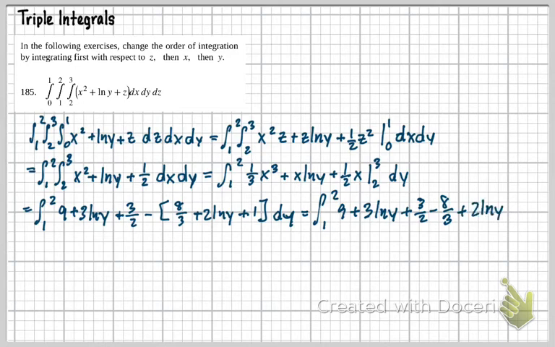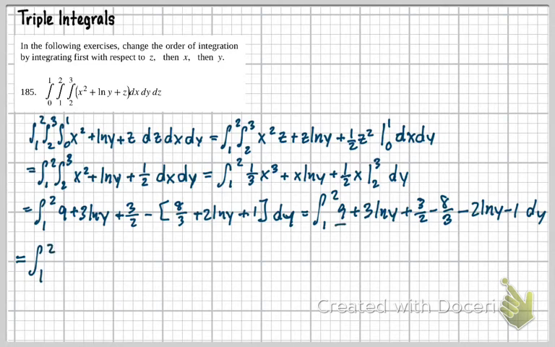Oops, I was supposed to get rid of those. So this is going to be a minus. And then this one's going to be a minus 1. Because I'm subtracting, so all those signs are going to change. And then dy. Now I'm going to put together what I can here. So the integral from 1 to 2.